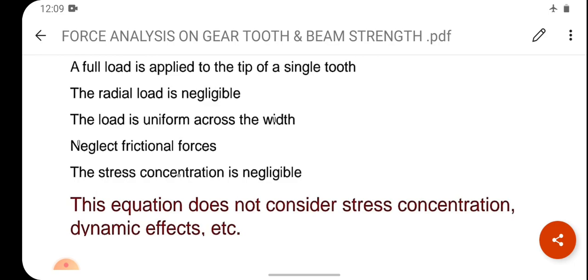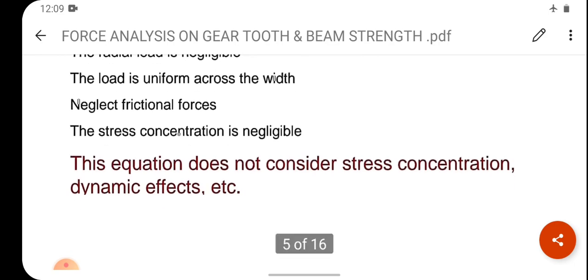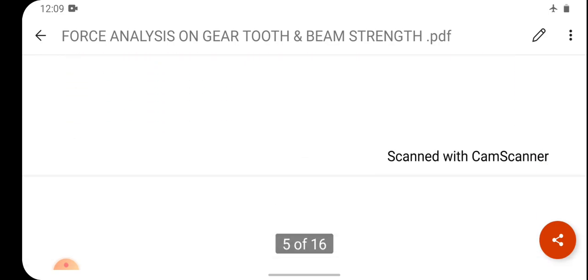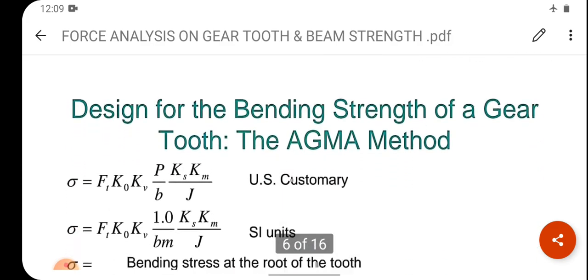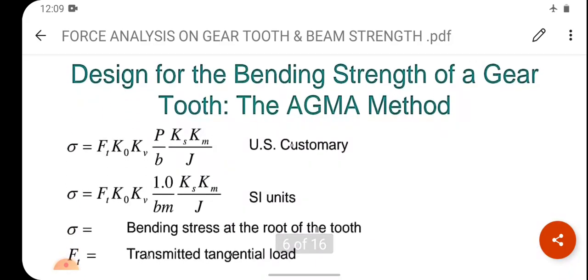These are calculated with the help of different load factors. I'll explain this part in the next slide. Wait for that. So here we are deriving the equation that is designed for the bending strength of a gear tooth as per the AGMA method. What is AGMA? AGMA is nothing but the American Gear Manufacturers Association.